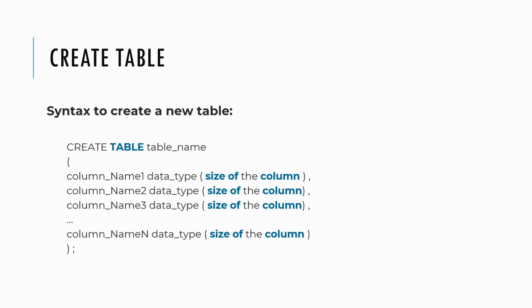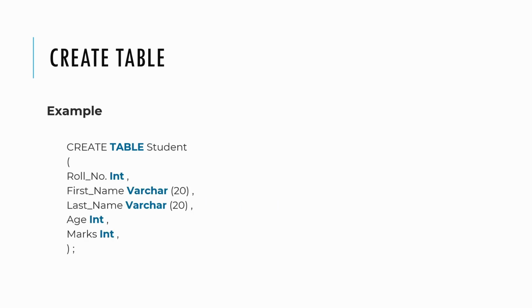Let's look at this example: create table student. Here I created student ID or roll number, first name, last name, age and marks. Here you have to check the data type.